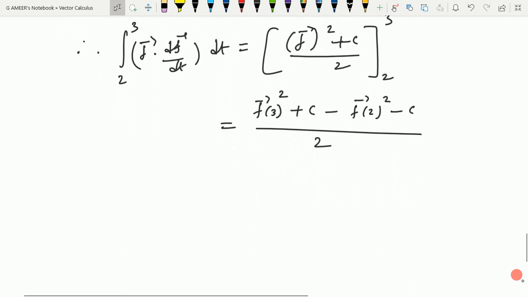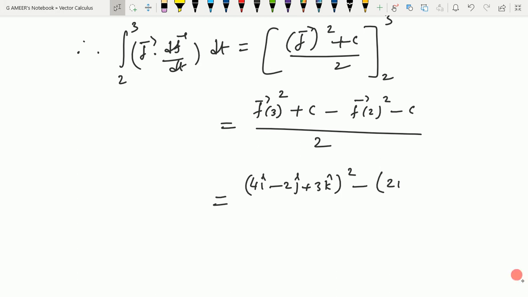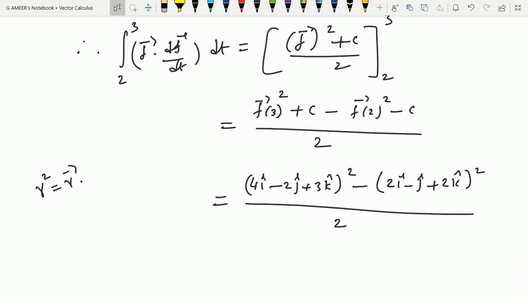Okay, fine. Now in the problem they have already given f of 3 and f of 2. f of 3 is 4i minus 2j plus 3k, whole square, minus f of 2 which is 2i minus j plus 2k, whole square, whole divided by 2. So we know that r square is equal to r dot r.